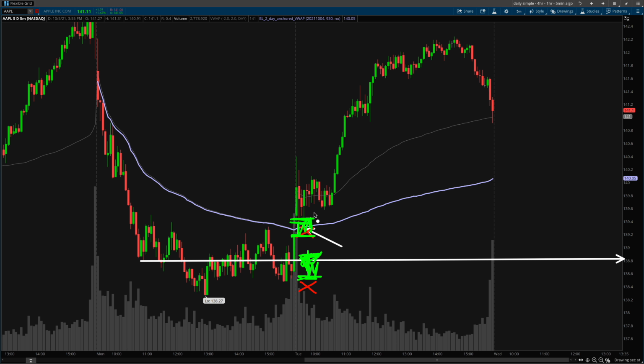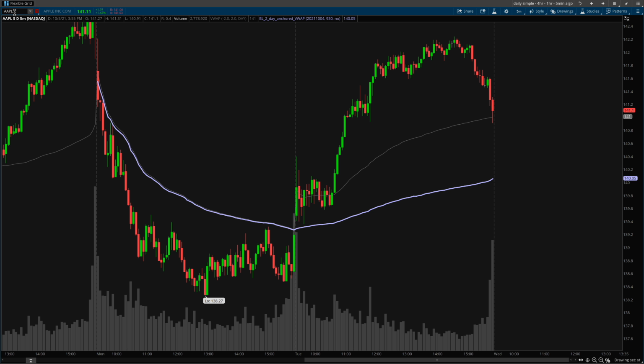But if you are right, you're going to get at least a 3-to-1 type of trade, or depending on your style and your time frame, certain traders might be looking for a bigger risk-reward. But either way, in this particular case, we got a really big risk-reward.